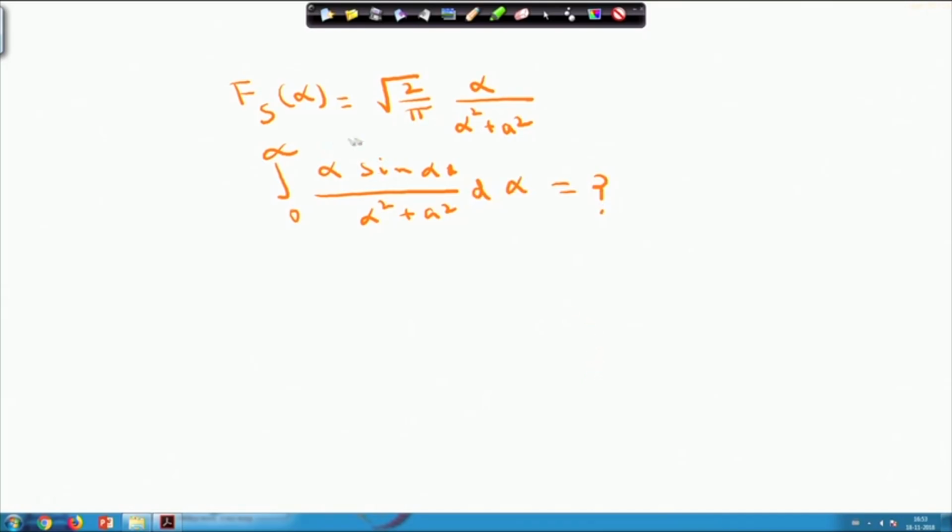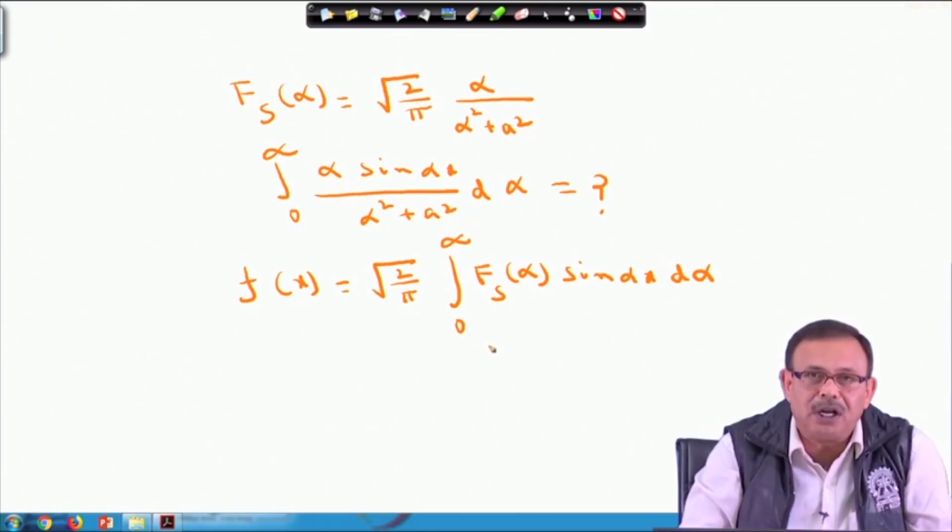Now, since we have the Fourier sine transform of this, using the inverse Fourier sine transform we can write down f(x) equals root over 2 by pi times the integral from 0 to infinity of the Fourier sine transform of alpha into sin alpha x d alpha. So, this we are writing from the inverse Fourier sine transform. Please note this one. At first, we evaluated the value of the Fourier sine transform of the function f(x).